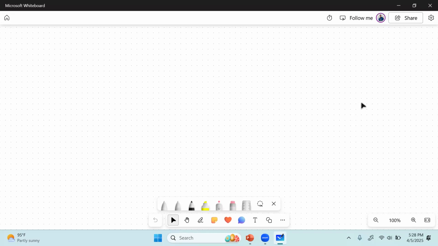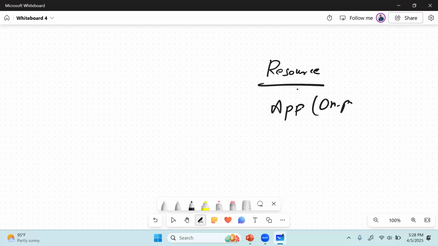So, as I mentioned, when we try to access a resource, that resource could be anywhere, either in a cloud application or in your on-premises environment. When we talk about a resource, it may be any application hosted on your on-prem servers, your organization's internal network, or an application hosted on Azure or Entra.